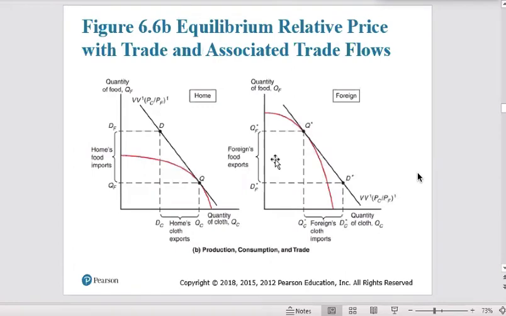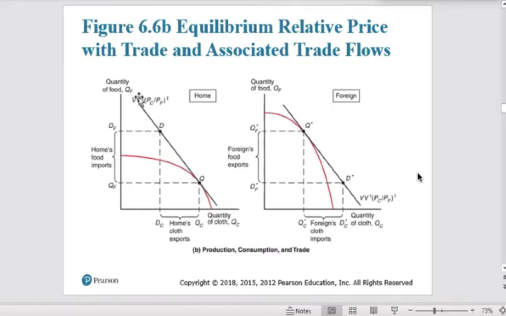Okay, here is how much trade will take place. The left-hand side is the home market, the right-hand side is the foreign market. And recall this red curve is the PPF, the production possibility frontier. Now, given the world price, this iso-value curve, this is where the home market will decide to produce at this point here.